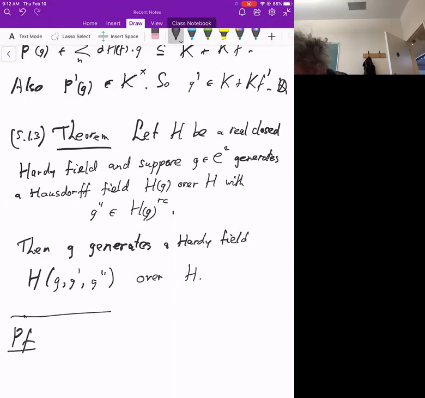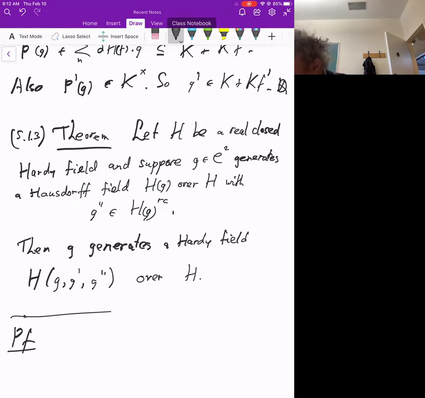Okay, good. Yes, proof. So this will take a while. So H is a real closed Hardy field, and you have a C2 germ that generates some Hausdorff field extension, right? That's of course equivalent to saying that G minus any element of capital H does not oscillate.